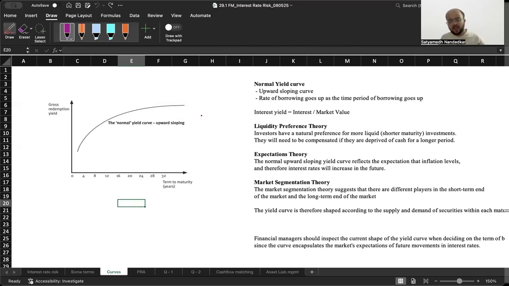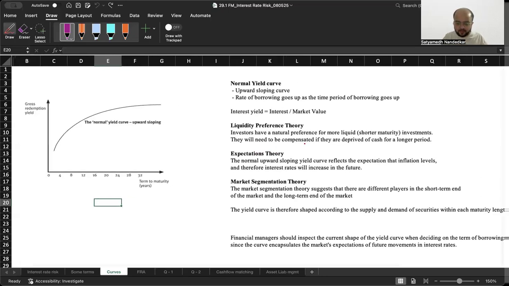Whereas people who play in the long term market part with their money for a longer duration, and hence their expectation of return is also different. Now, this market segmentation theory can very easily be tied up with the liquidity preference theory also, which is why the normal yield curve is an upward sloping curve, and because there is a direct relationship between the term to maturity and the gross redemption yield.